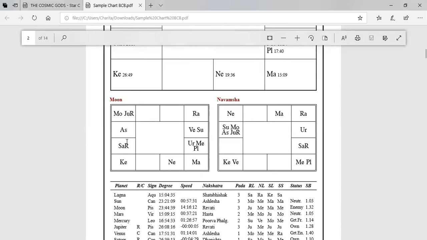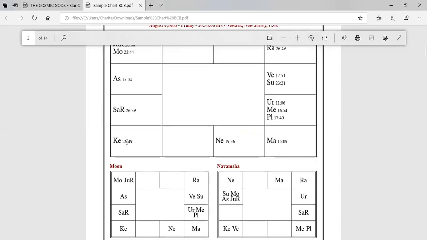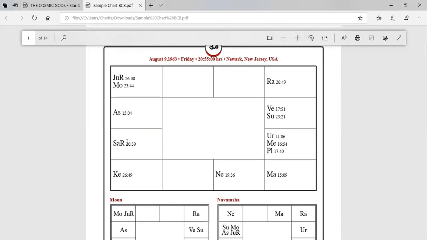You can use this if you have your birth time still, which is fine. Mainly for those of you who do not know your birth time, you will utilize your moon chart. Okay? Let me say this before I forget. Now, your ascendant sign will always be your first house.